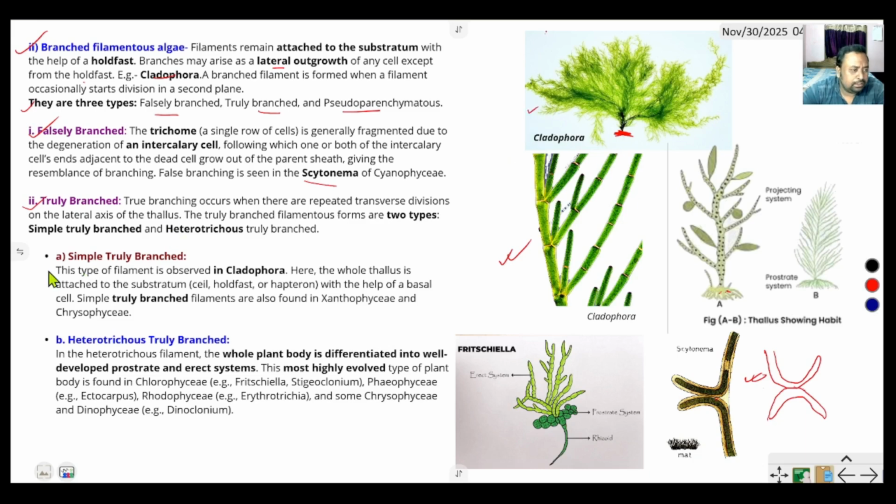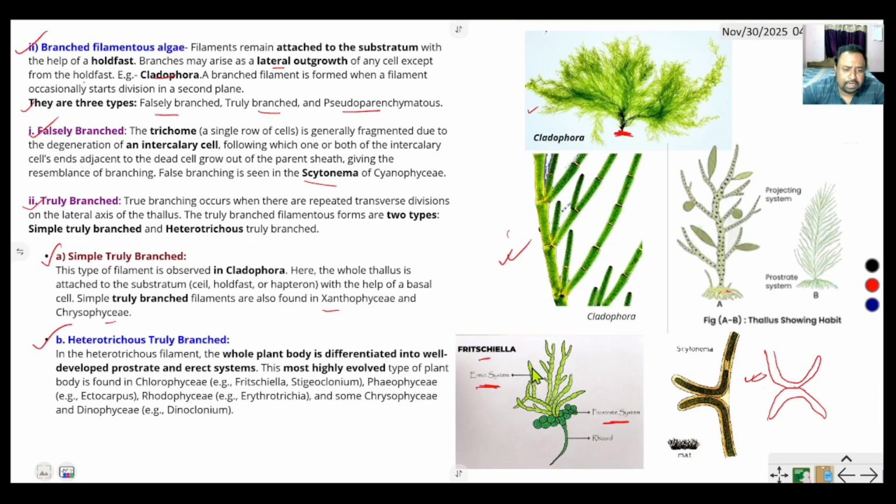There are two types: simple truly branched and heterotrichous truly branched. Simple truly branched means the branching cells look alike. They are similar types of cells that are truly branched. Examples are found in Cladophora, Xanthophyceae and Chlorophyceae. But in heterotrichous branching, as in Fritschiella, some branches are a prostrate system and some branches an erect system.